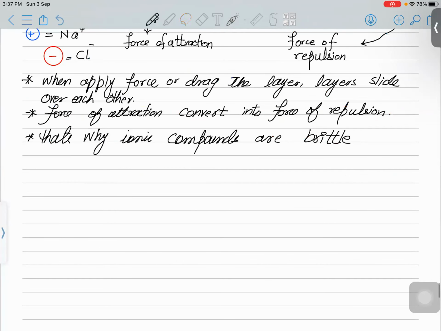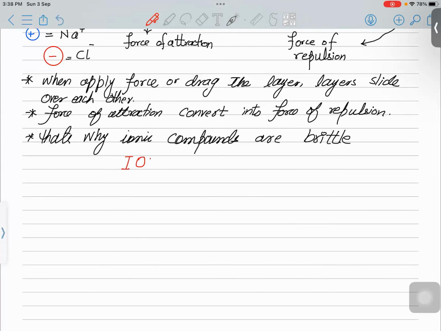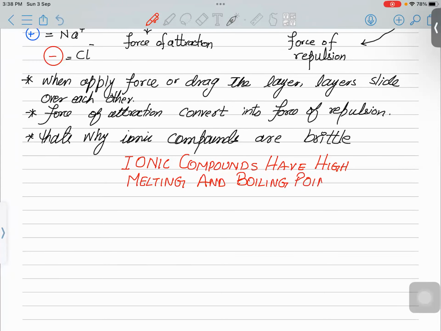Now next point, next heading. Ionic compounds have high melting and boiling points.